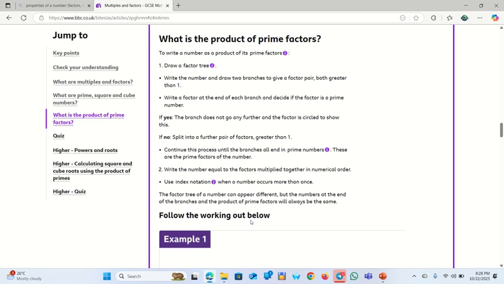Write the number as equal to the factors multiplied together in numerical order. Use index notation when a number occurs more than once. The factor tree of a number can appear different, but the number at the end of each branch and the product of factors will always be the same.